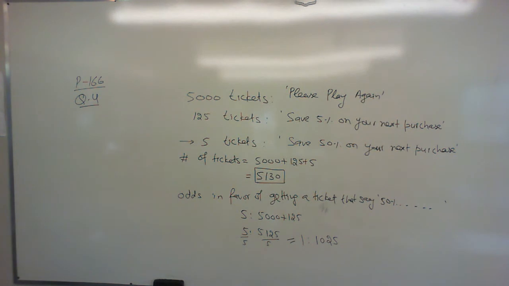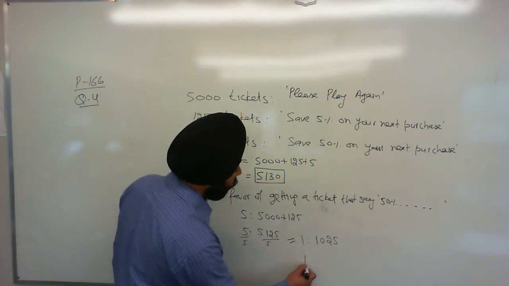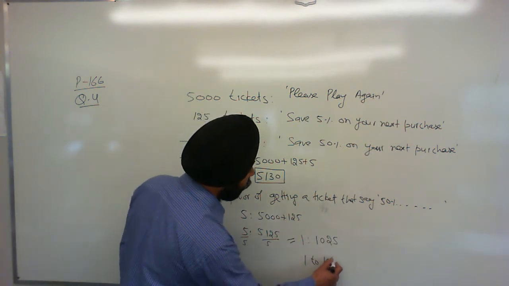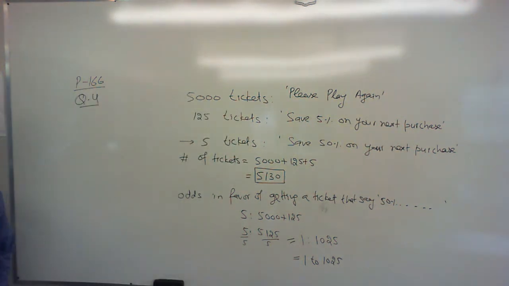So the odds in favor of getting a ticket that says 50% off is 1 to 1,025. Right? Are you getting it?